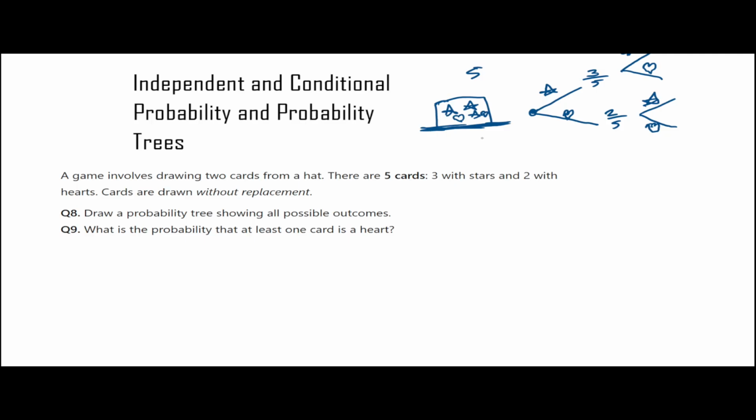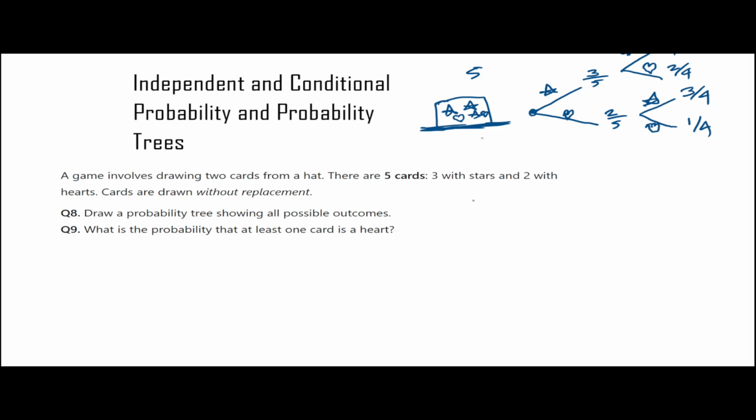Well, one of the stars is gone, so now it's only 2 out of 4, and both of the hearts are there, but there's only 4 cards left. Okay, say you drew a heart the first time. How many stars are there? All 3 stars are there, and there are 4 cards left. How many hearts would be left? Well, only 1 of the 4 would be a heart.